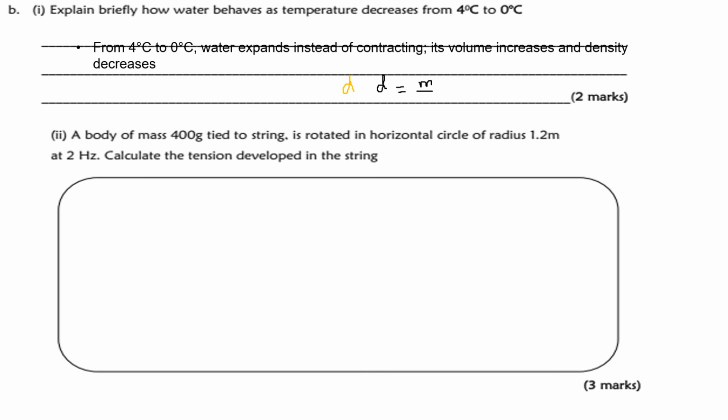So in most cases, we are looking at a fixed mass of water. When you cool it, the volume increases such that you end up dividing a constant mass by a large volume, which will produce a smaller density. So density decreases. In other words, density and volume vary inversely with each other.